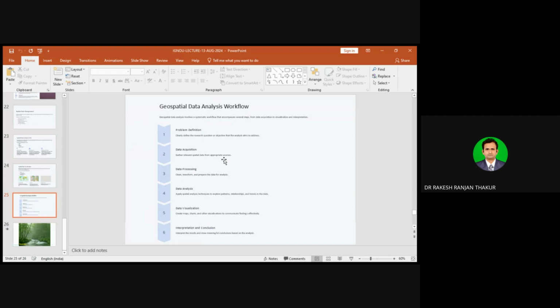Then I will go for the analysis of data. Then visualization: data needs to be visualized through different ways, like maps and charts. Then interpretation and conclusion. By doing all these things we can conclude that this is the way, or in this way we can take a decision.